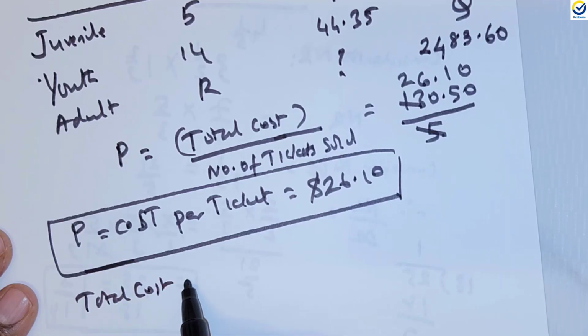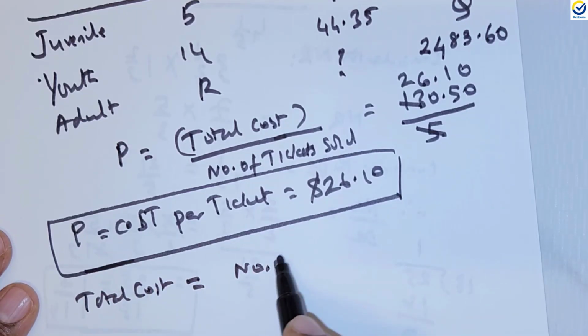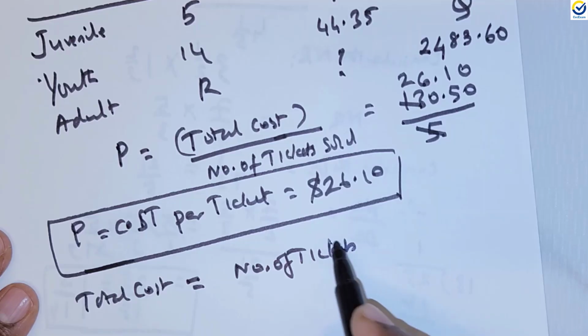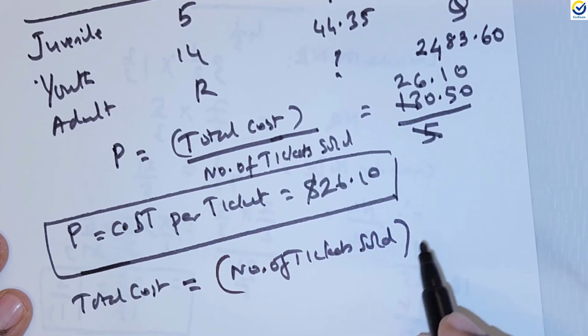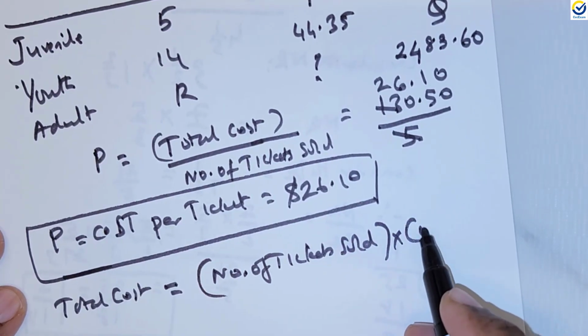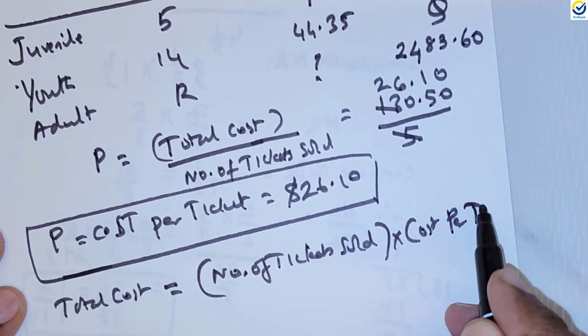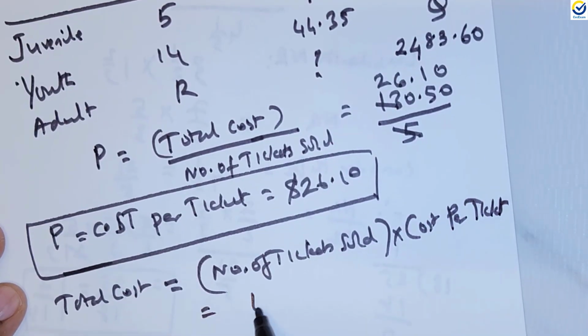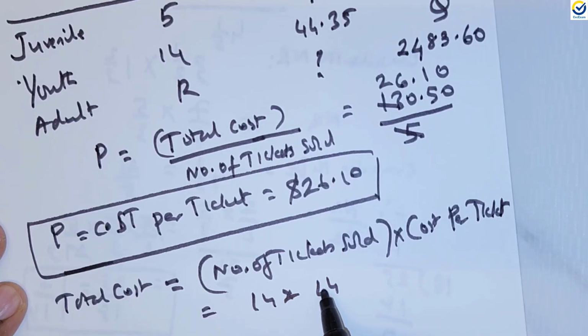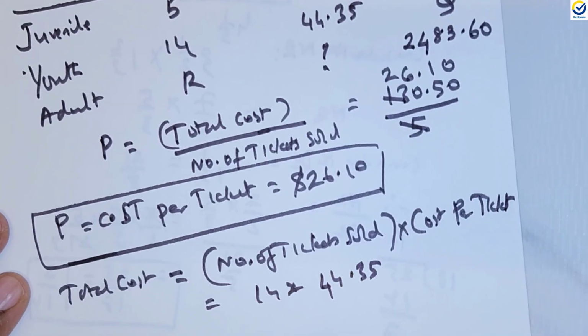So total cost is equal to number of tickets sold multiplied with cost per ticket. So 14 tickets are sold and 44.35.